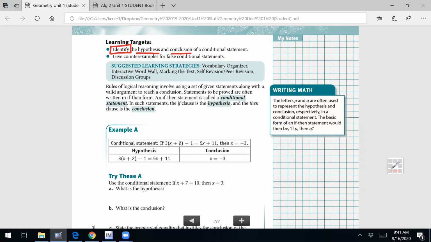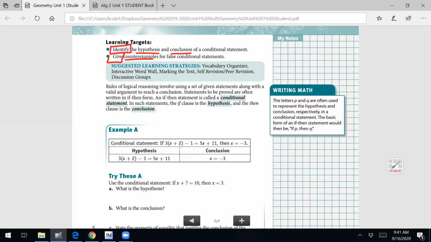And then it also says give the counterexamples for false conditional statements. Okay, so right now a lot of that probably doesn't mean a whole lot to you, but hopefully as we get through this lesson, you'll understand exactly what they're wanting us to accomplish with dealing with these conditional statements. We will be talking about conditional statements for the remainder of the year. Okay, so this is like something that you're going to learn.